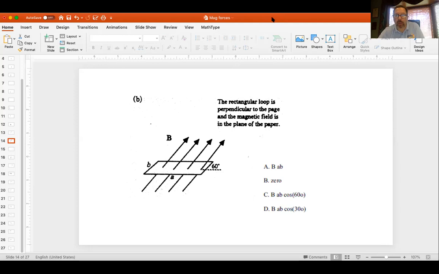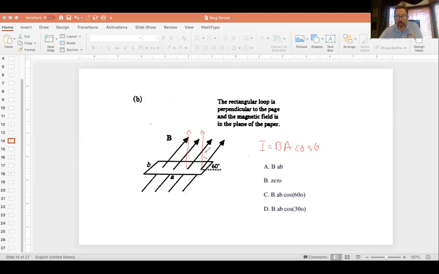Come back over here. I want to annotate, draw. Think about where the normal to this plane is, and I'll draw it right here. It's right there. And when we say flux is equal to B times A times the cosine of theta, it's not this angle right here.